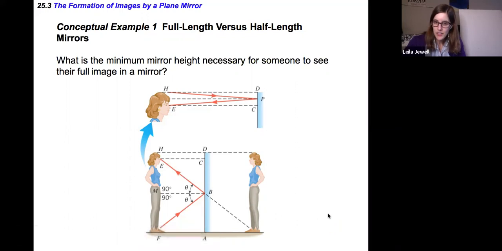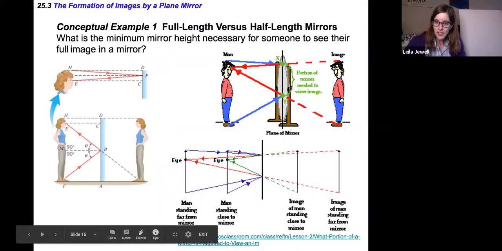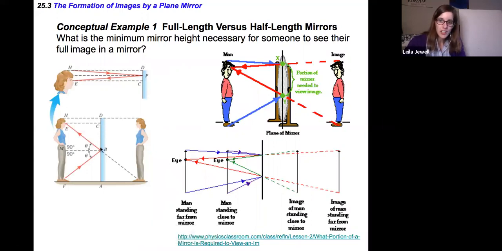What this means is that they only need this top portion of the mirror in order to see their entire length, right? So here's another depiction of it, where a man looking in the mirror can see the top of his head going to his eye, or the bottom of his feet going to his eye, and only needs this portion in green of the mirror. Doesn't need the very top of the mirror or the very bottom of the mirror.